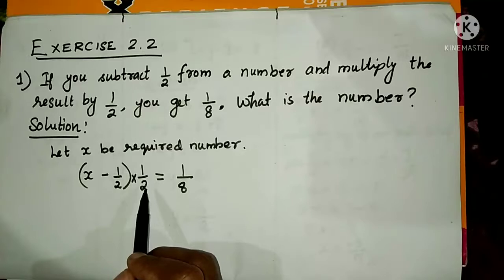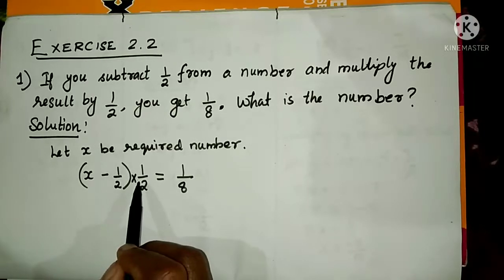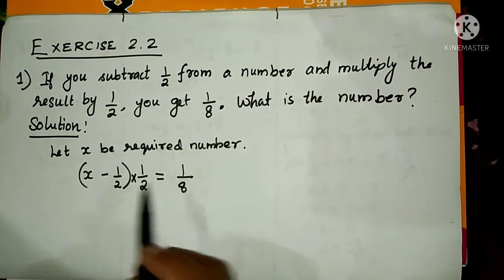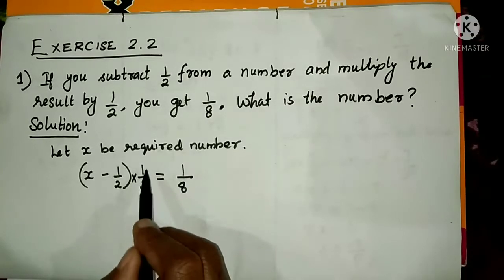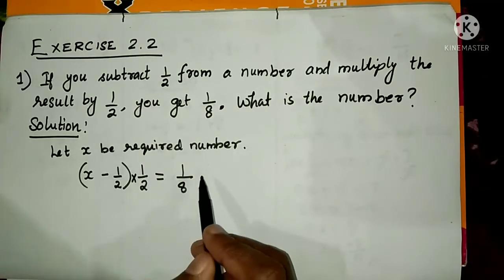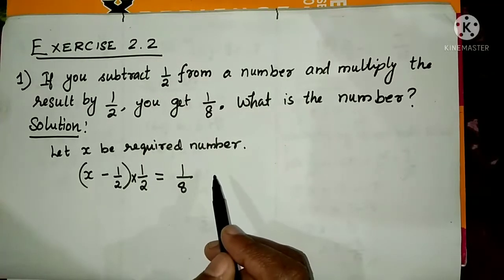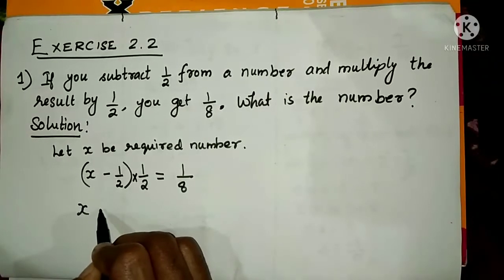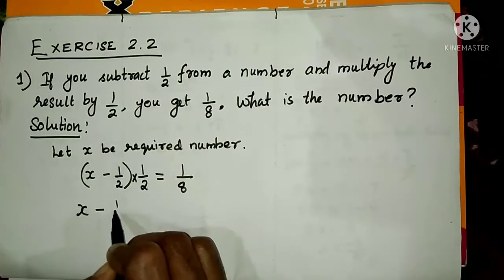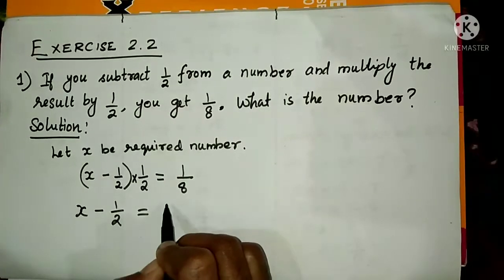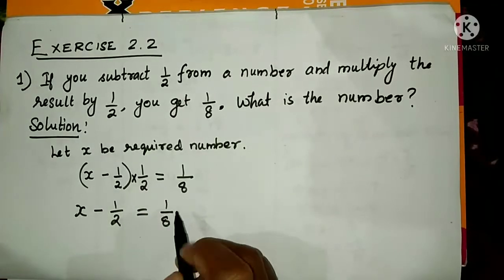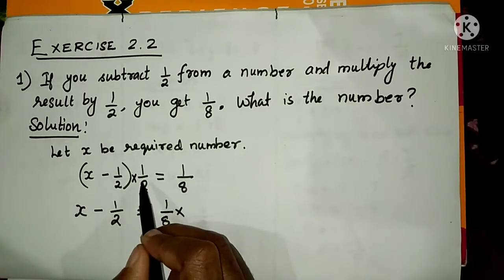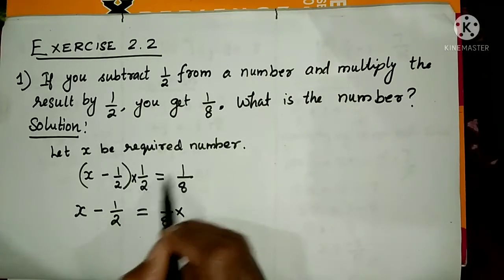Now, 1 upon 2 we can multiply either inside or we can send to the right side. When you send the fraction to that side, it goes as the reciprocal. So x minus 1 upon 2 equal to 1 upon 8 into, how it happens is this division goes as multiplication on top.